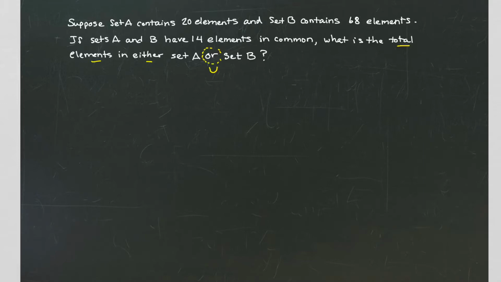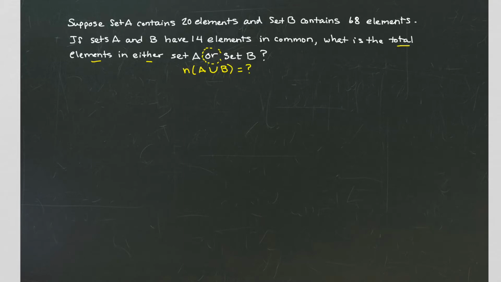So we're asked what is the number of elements in the union of the sets A and B. Specifically, what's the cardinality of A union B? All right, so that's what we're looking for.